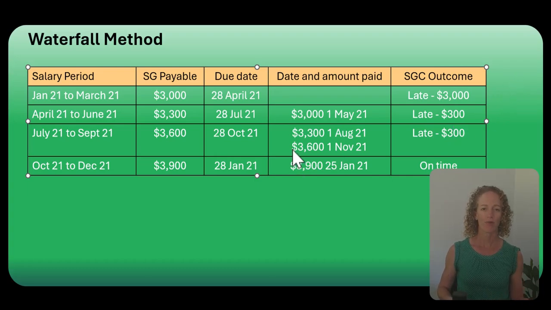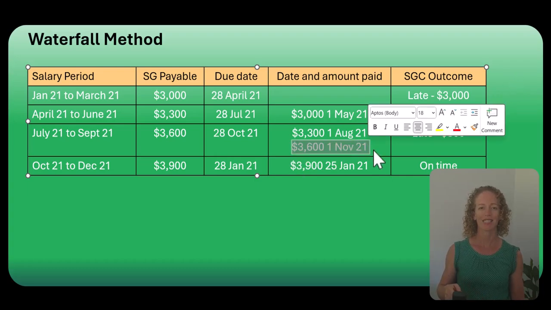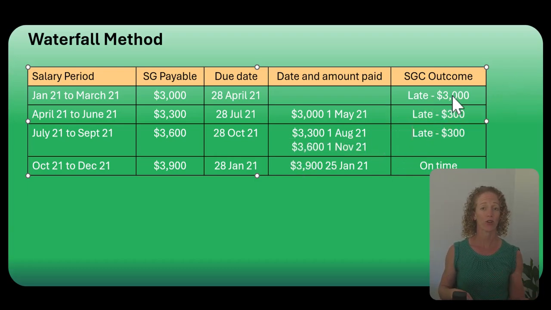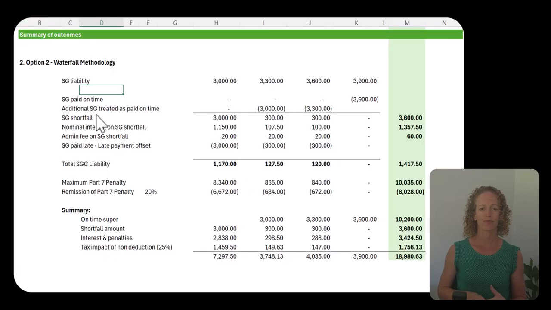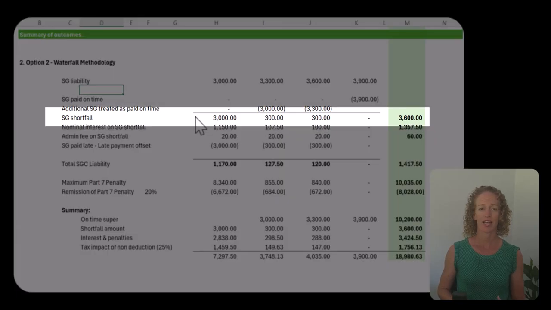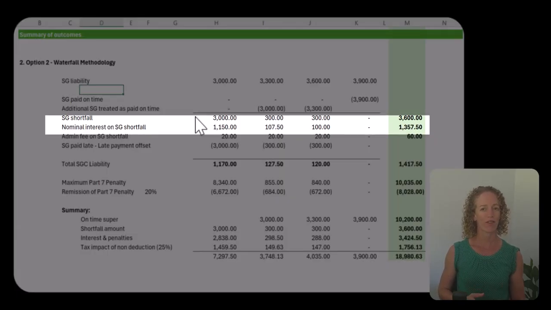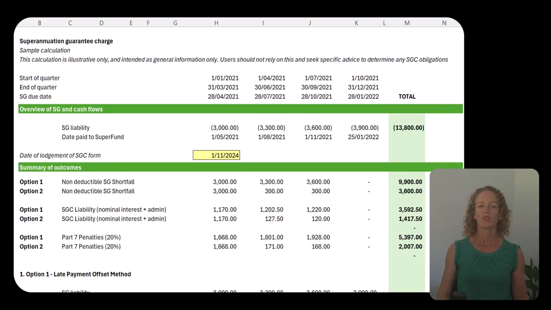We'll then treat the payment made on the 1st of November as the late payment of the balance for those earlier 2 quarters. Using this method, we can see that there's only $3,900 which is treated as late. And as a result, our nominal interest is now reduced to $1,357.